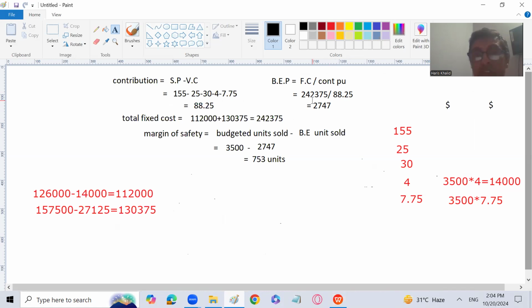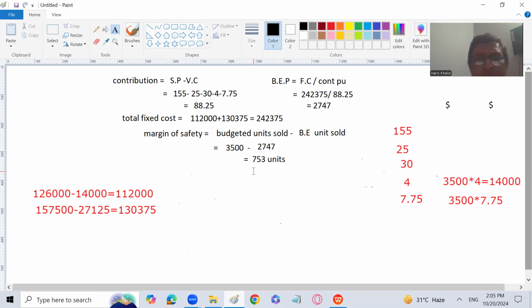So total fixed cost we have calculated 242,375 divided by contribution per unit, that is 88.25. So 2,747 units is going to be my break-even point in units. Now, margin of safety is 3,500 budgeted units minus break-even units 2,747. So 753 is going to be my margin of safety in units.